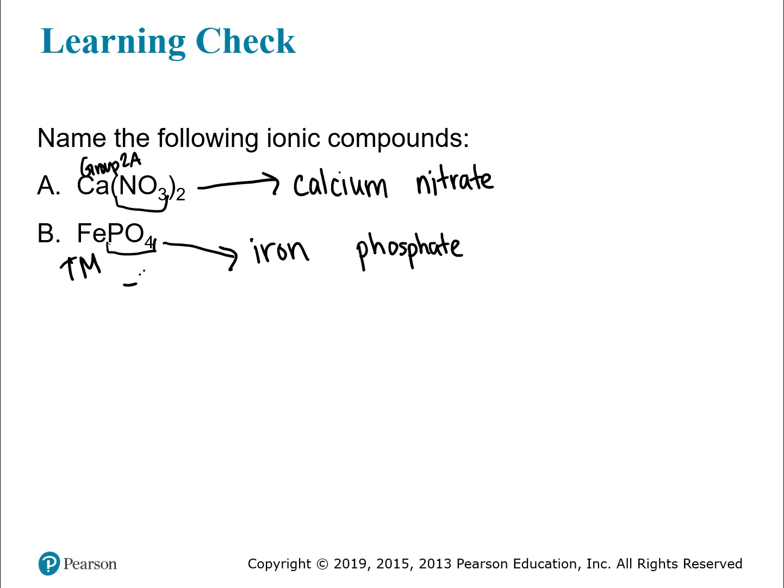It's got a -3 charge. In order for this compound to have an overall neutral or zero charge, that iron needs to have a 3+ charge. So that's two examples of writing the name from the formula.